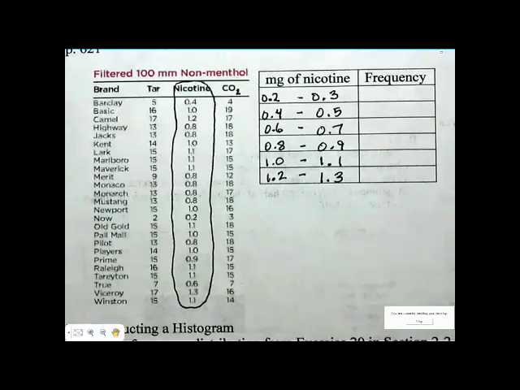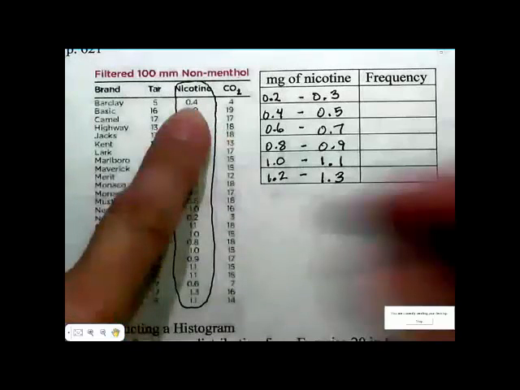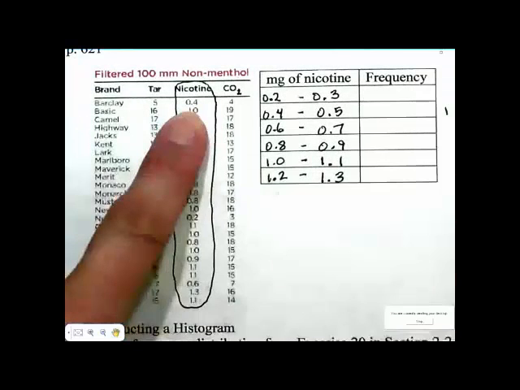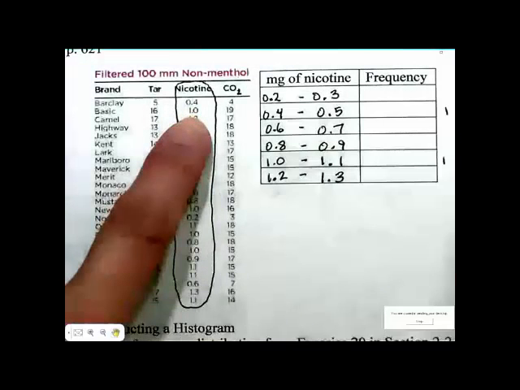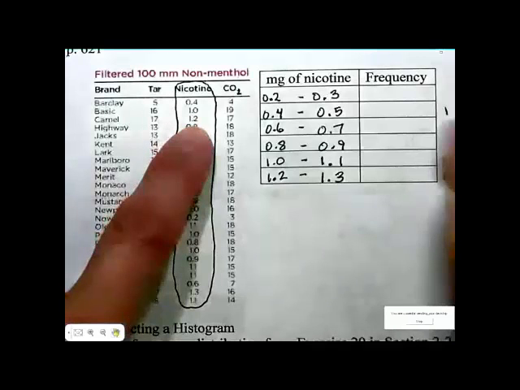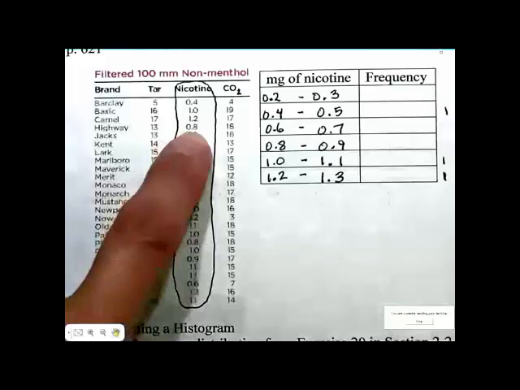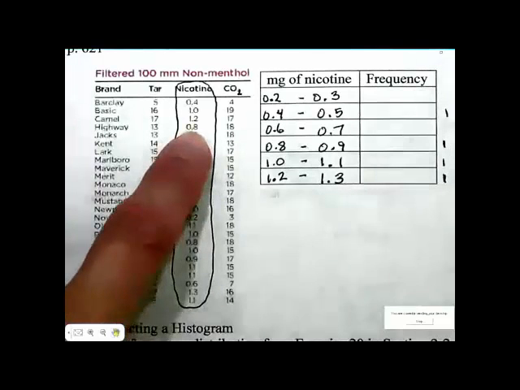The easiest way to do it is go down the list. 0.4 for Barclay cigarettes would fall in that second class. 1.0 falls in the 5th class. 1.2 falls in the 6th class. 0.8 is in the 4th. And then just go on down to the bottom of the list and make sure you have 25 tally marks.